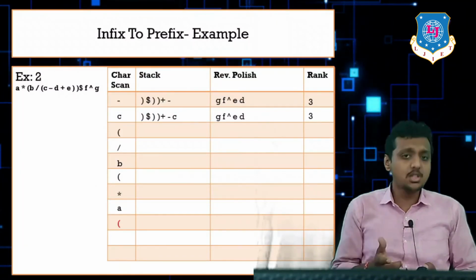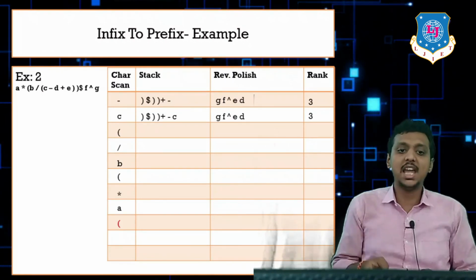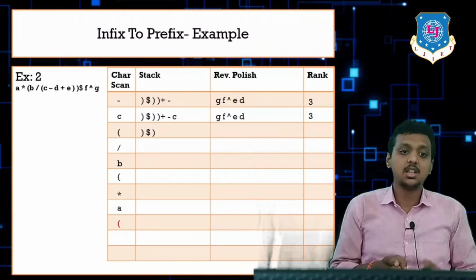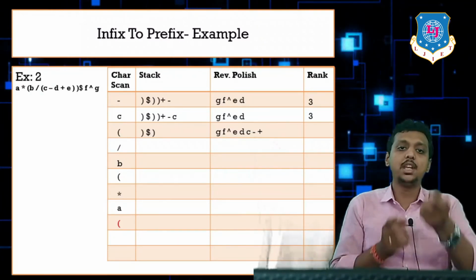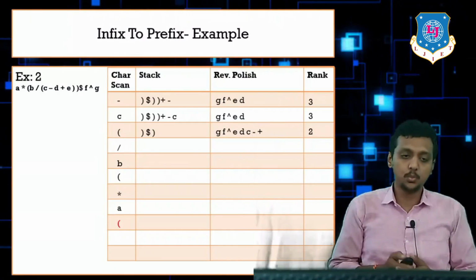So before the first closing one we have C minus plus, append with the reverse polish, we get GF caret ED C minus plus, and both opening and closing get cancelled out. Fine. So here it is, my rank becomes 2.